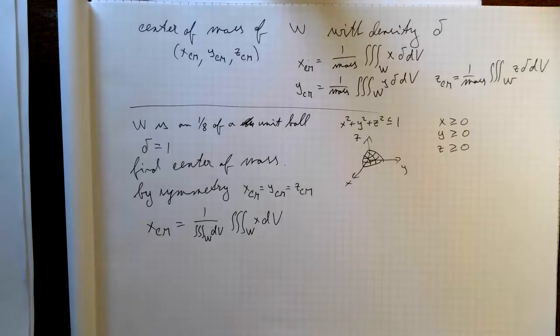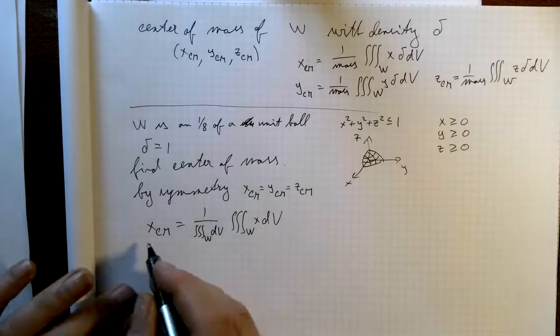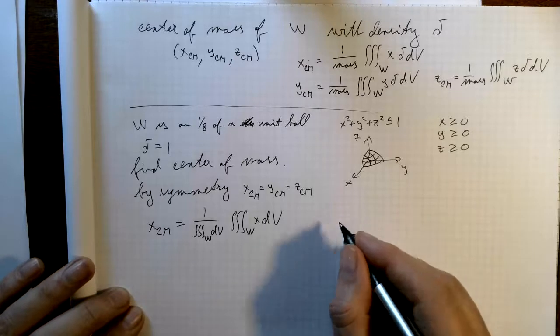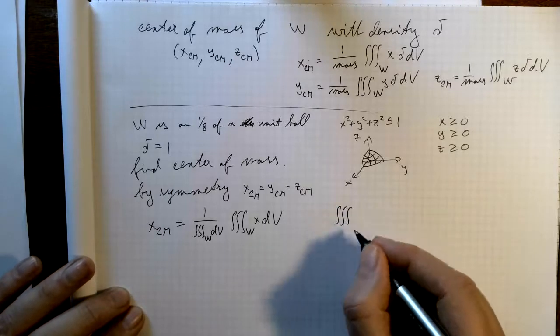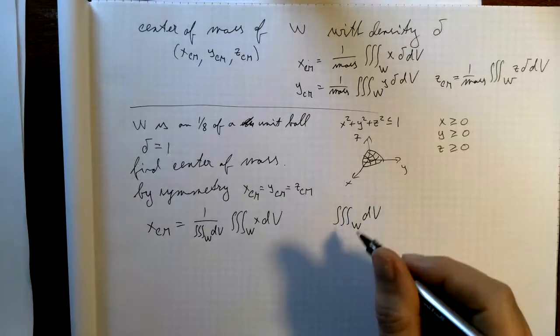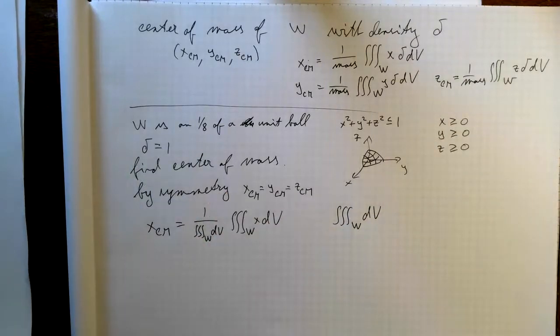So let's compute the x coordinate. Let's compute the two different integrals. First, let's compute just the volume, or the mass in this case, because the density is 1.